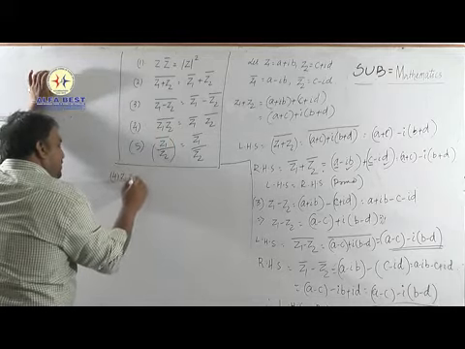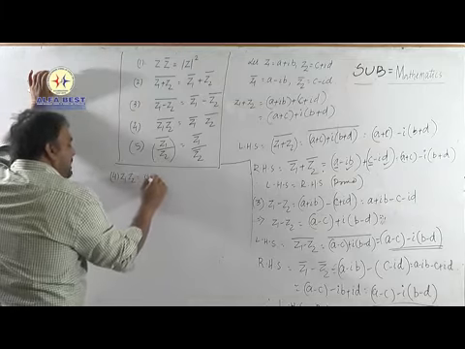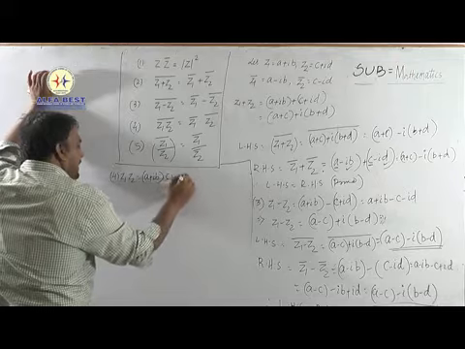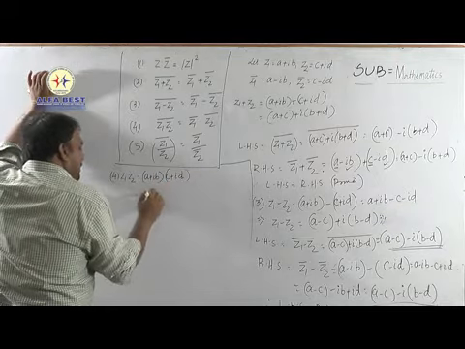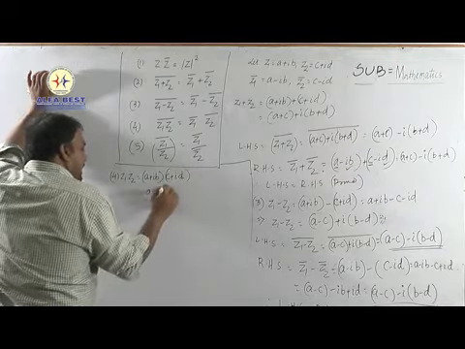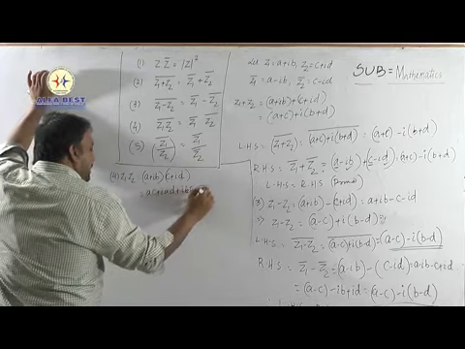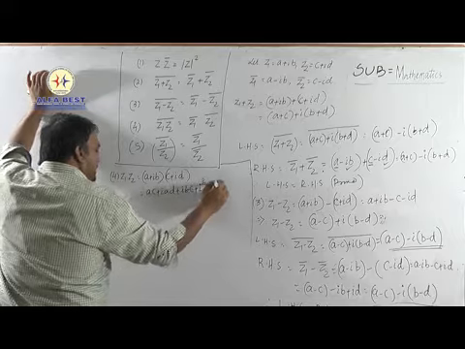Z1 into Z2 is equal to A plus IB into C plus ID. So this is AC plus IAD plus IBC plus I square BD.